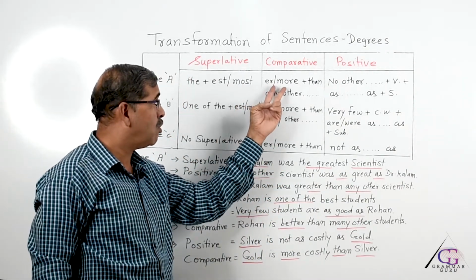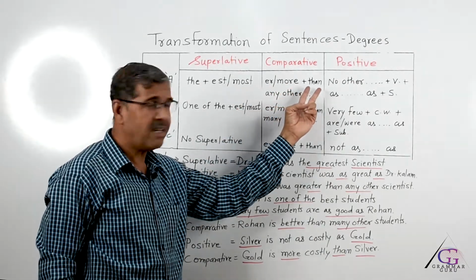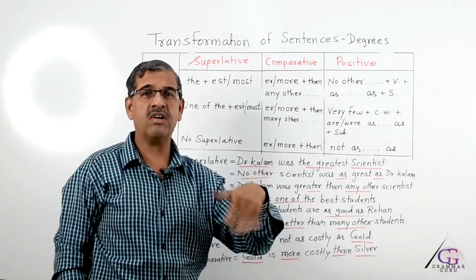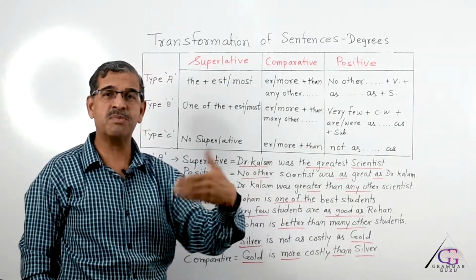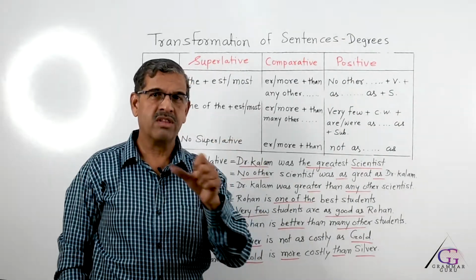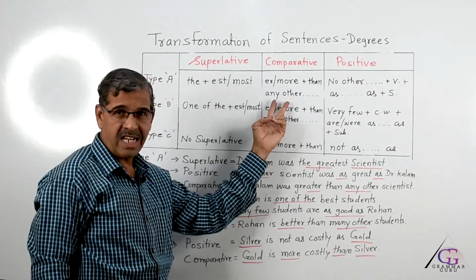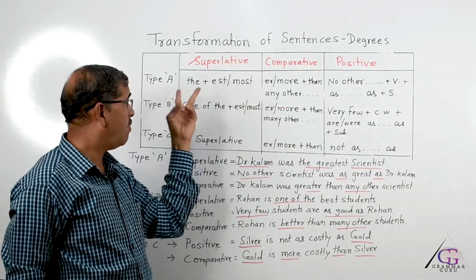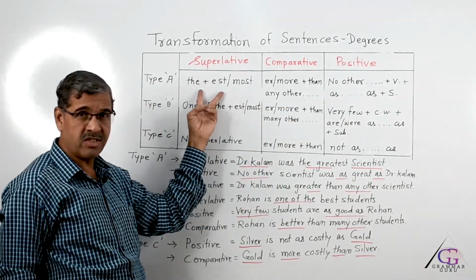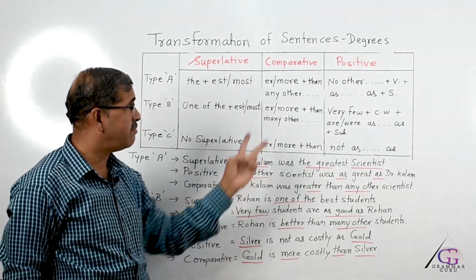In that case, more or er must be there with the adjective, followed by than. So greater than, longer than, more beautiful than, more expensive than. Whenever you use er or more, there must be than followed by it, and then we have to use the words any other. This is the formula of how we can transform a superlative sentence of A type into comparative. We will take examples later.